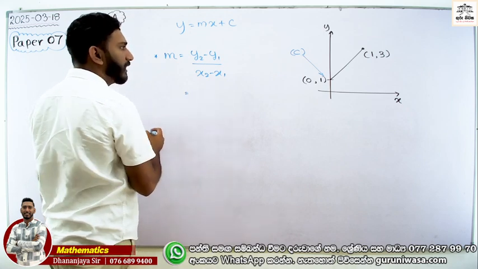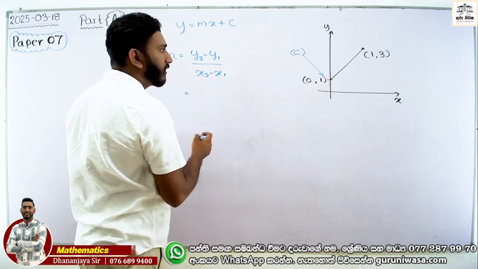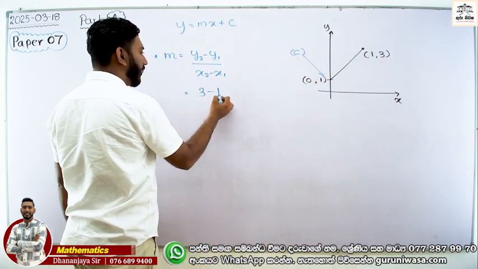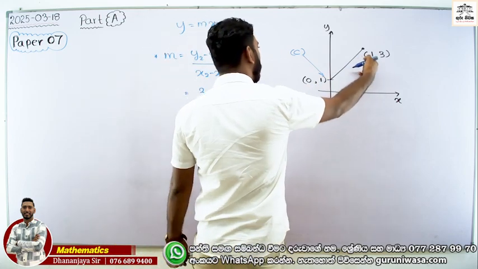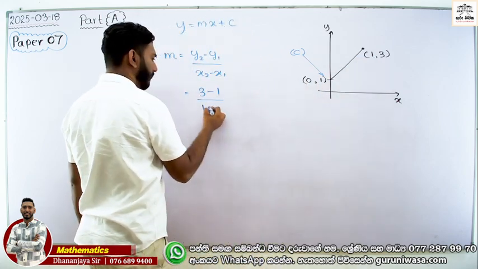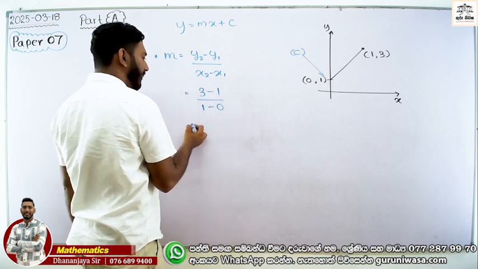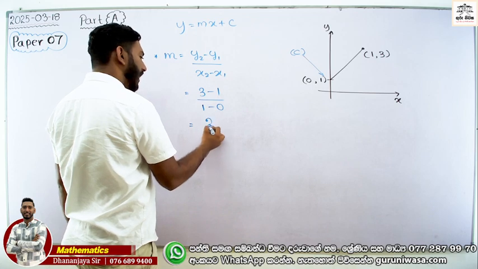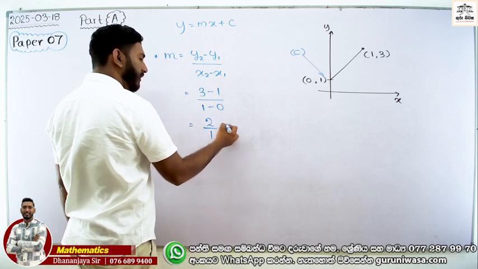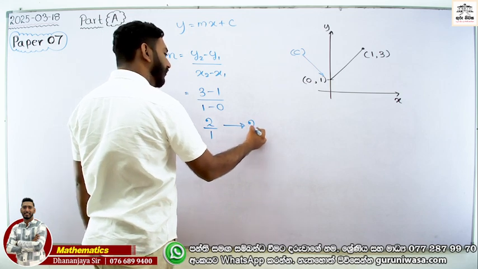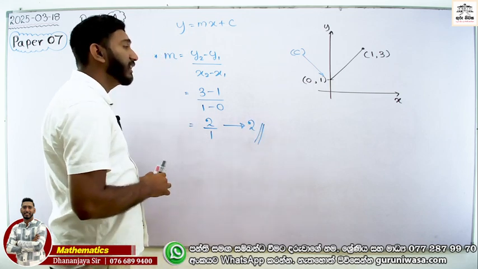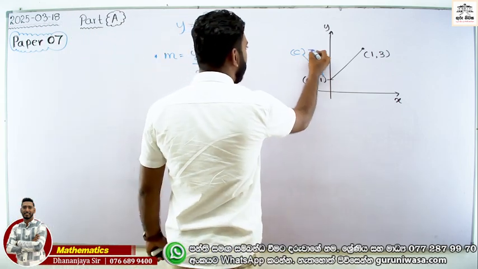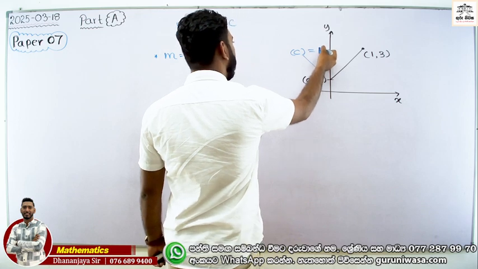Now how to find the y coordinates? 3 minus 1 divided by 1 minus 0. Now the gradient becomes 3 minus 1 is 2, and 1 minus 0 is 1. So the gradient equals plus 2. Now you know the intercept becomes 1.